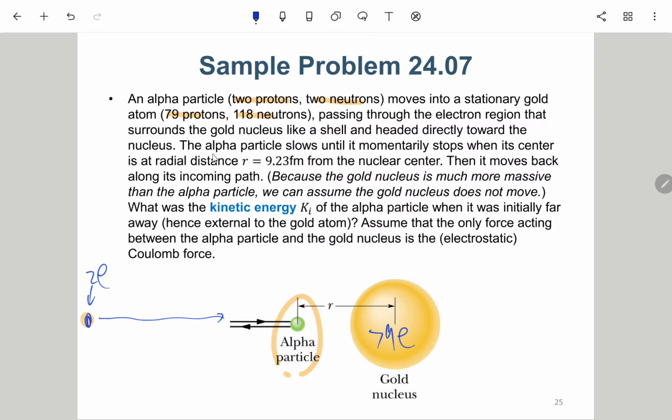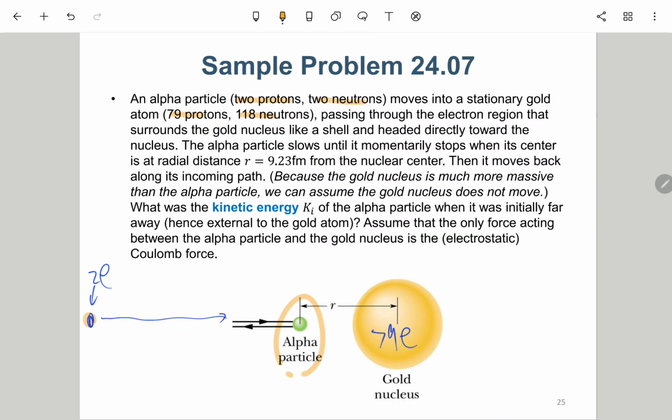Okay, so the idea here is the alpha particle slows until it momentarily stops when its center is at radial distance. Okay, it just tells you that the closest distance out here is this 9.23 femtometer from the nuclear center. Then it moves back along its coming path.